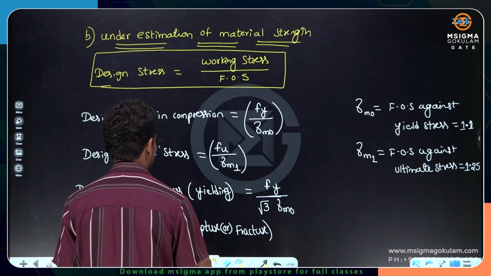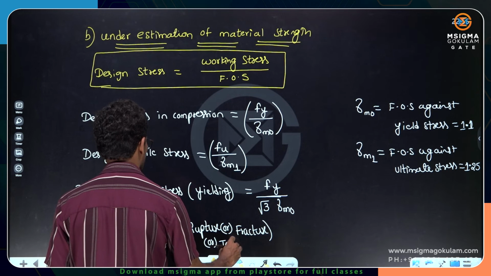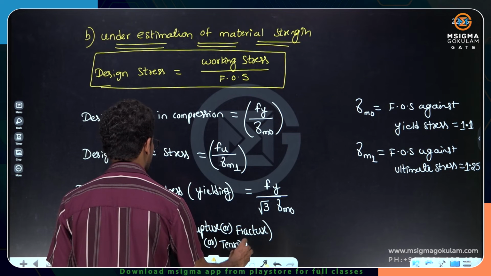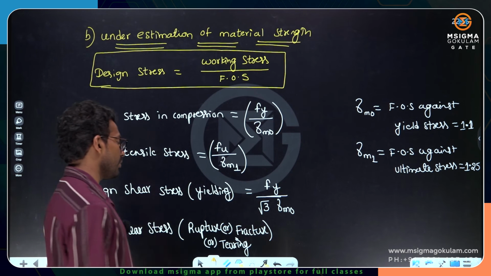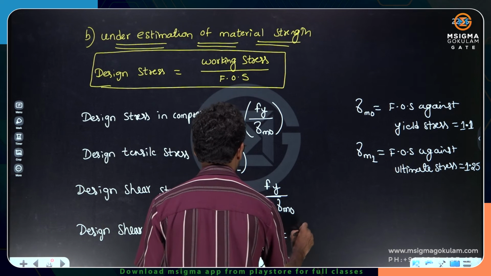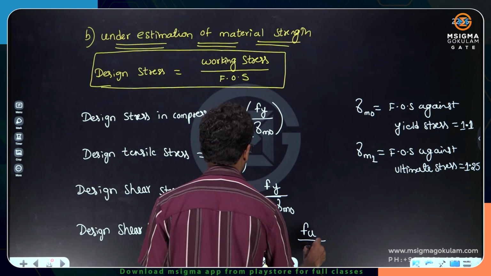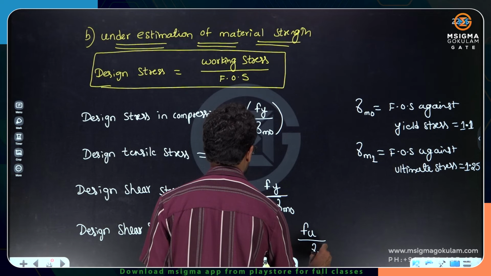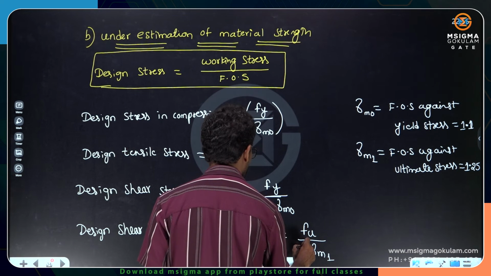When there is a rupture or fracture or tearing, I use these terms, under these cases shear occurs, for example. Design shear stress under rupture or fracture or tearing, as I told you, when I talk about rupture or fracture or tearing, ultimate stress will come. The corresponding factor of safety is gamma m1, and because it is happening in shear, there is an additional factor of safety root 3.